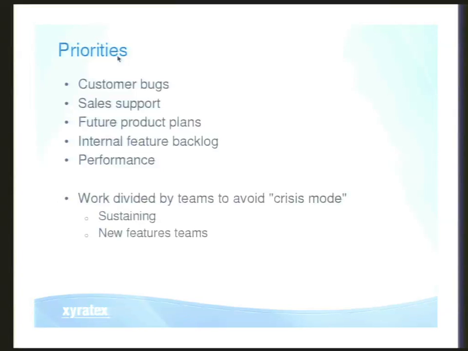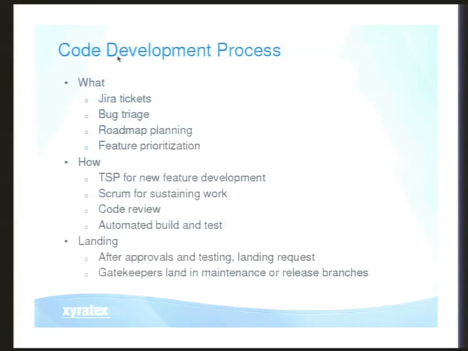So now a little about how Xyratex does code development. Much as Sun, CFS, Oracle, and probably Intel as well do, we use Jira to track tickets. Well, Sun doesn't, they still use Bugzilla, I suppose. Tickets come in from internal or external sources.